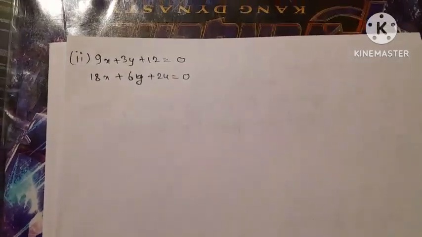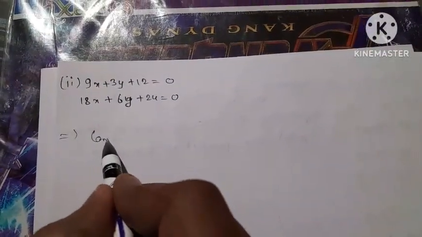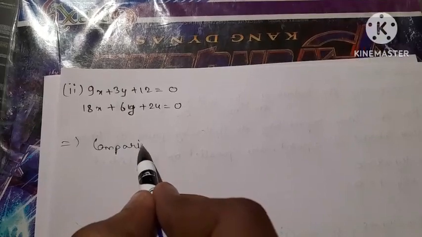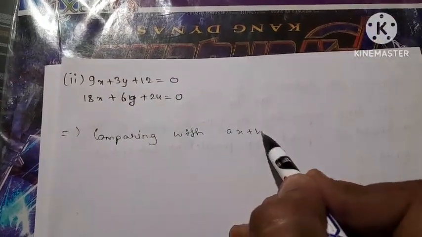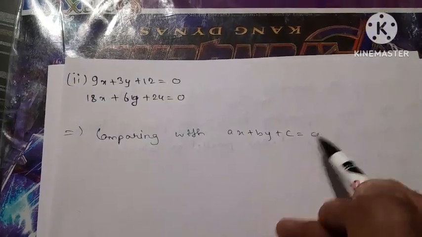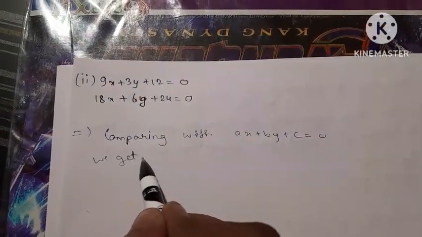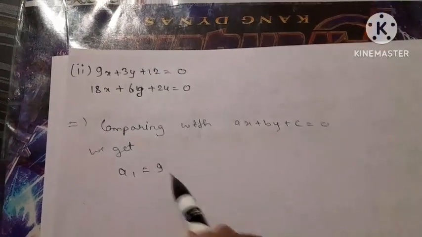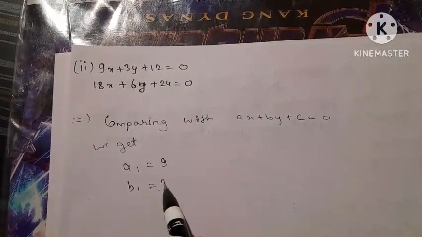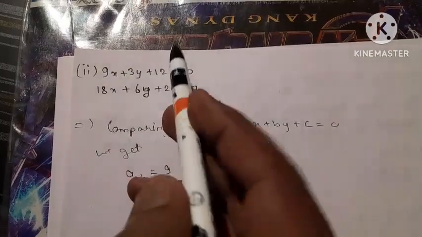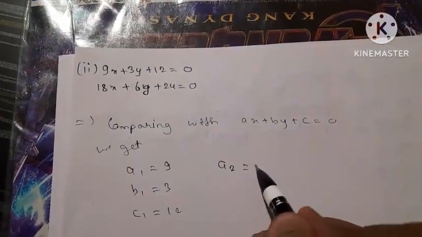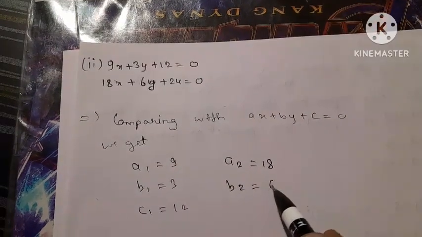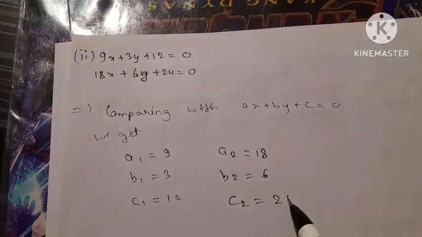So question number 2, same type we have to do, comparing with ax plus by plus c equal to 0, we get a1 is equal to 9, b1 is equal to 3 and c1 is equal to 12. Similarly, a2 equal to 18, b2 equal to 6 and c2 equal to 24.